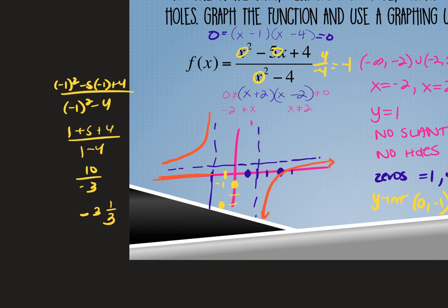So it confirms that the shape in the middle takes on that cubic shape. And if you were unsure about the left side, if you weren't sure about the zeros, you can always plug in something to the left of negative 2. But the fact that it did not have another 0 confirms that it didn't cross through the x-axis.